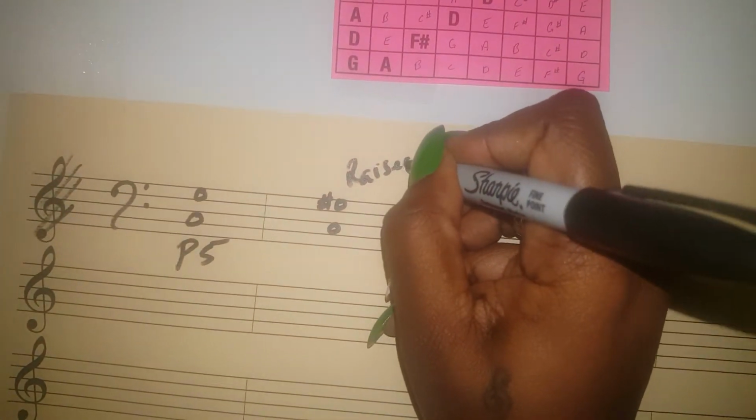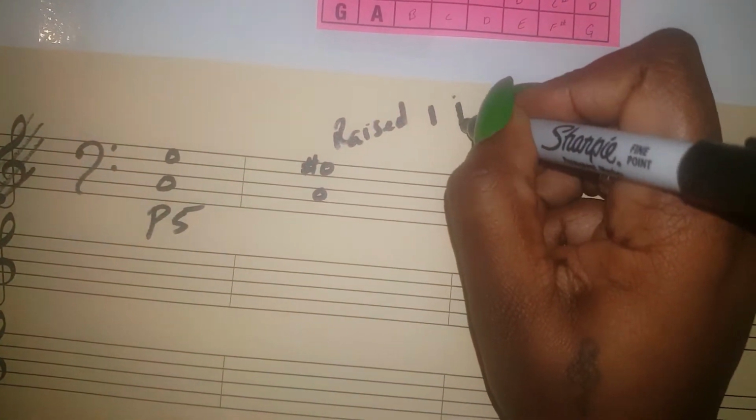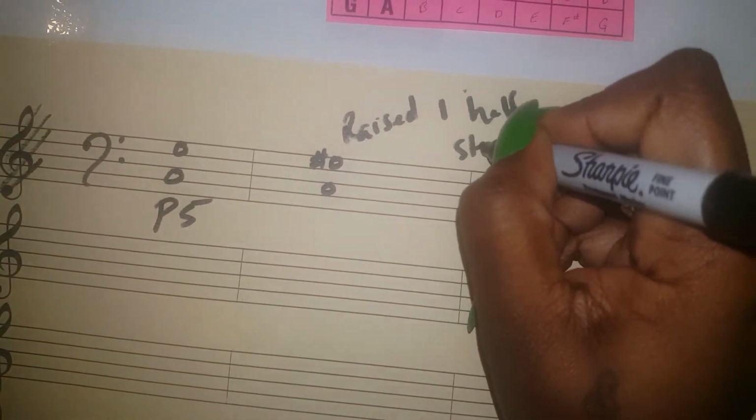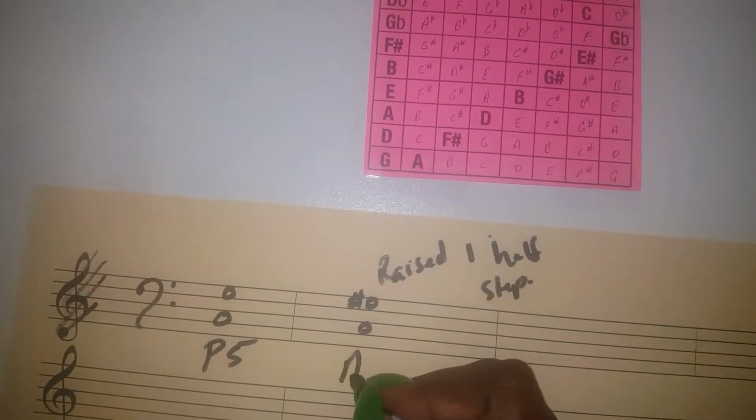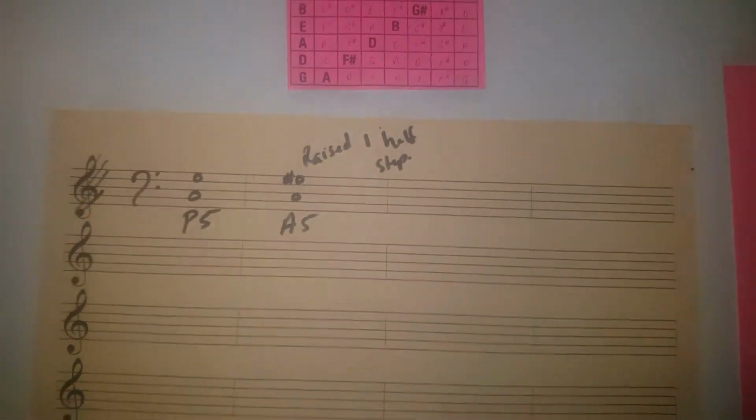Now, if this had said C to G sharp, that means it would have been raised 1/2 step, right? So when it's raised 1/2 step, it becomes an augmented fifth.